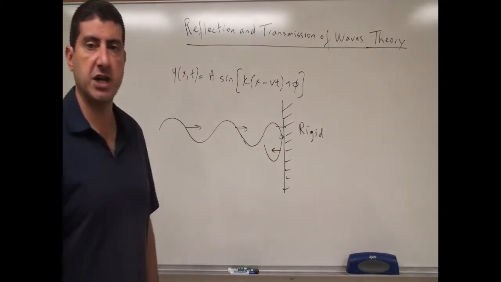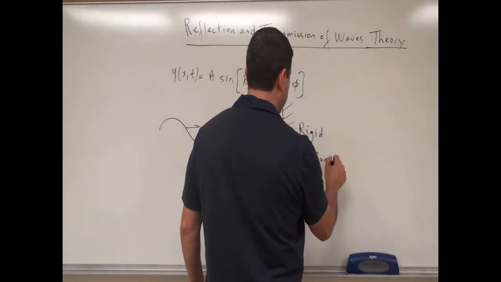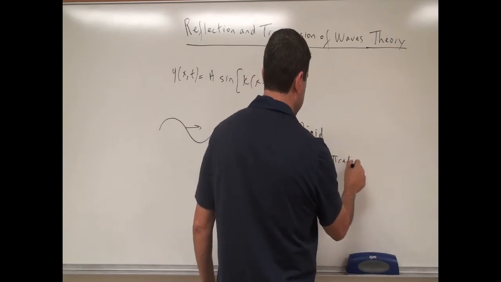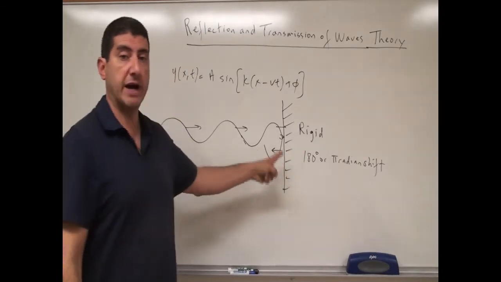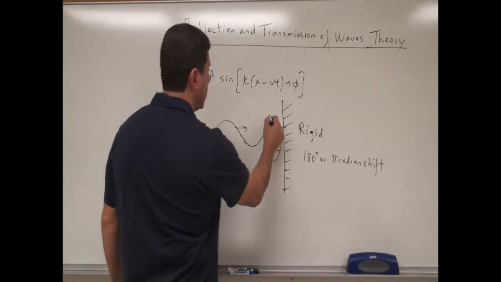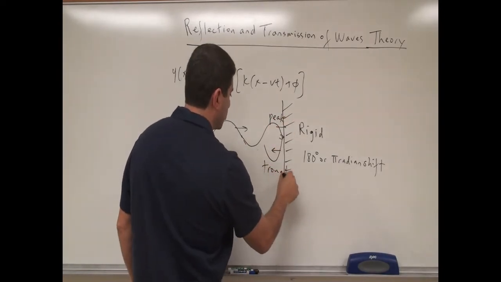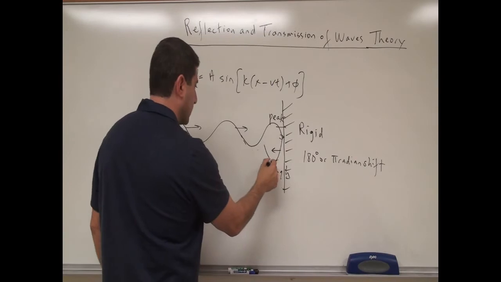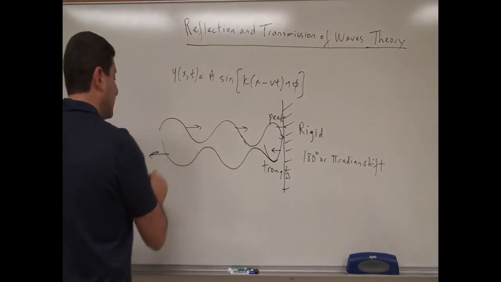That's what it means to say 180 degree or pi radian shift. And this is true when it reflects from a rigid boundary. So a peak becomes a trough. And then it goes back completely opposite like this, traveling back.